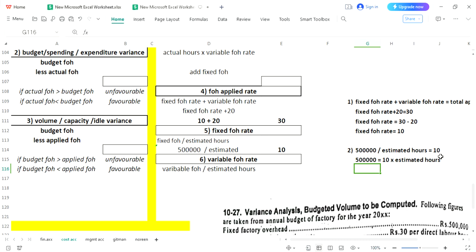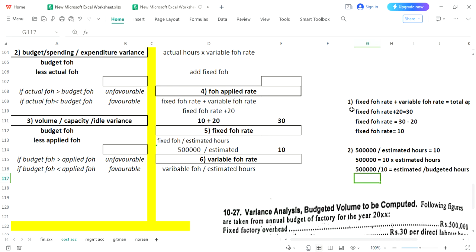Now let me know the next step. 10 is being multiplied over here. If you will take it to the left side of the equal sign, it would be divided. So 5 lakh already present, and 10 you are bringing to the left side, it would be divided now. So what is left on the right side? That is estimated, or it is also called budgeted hours. Hours or units, the same thing.